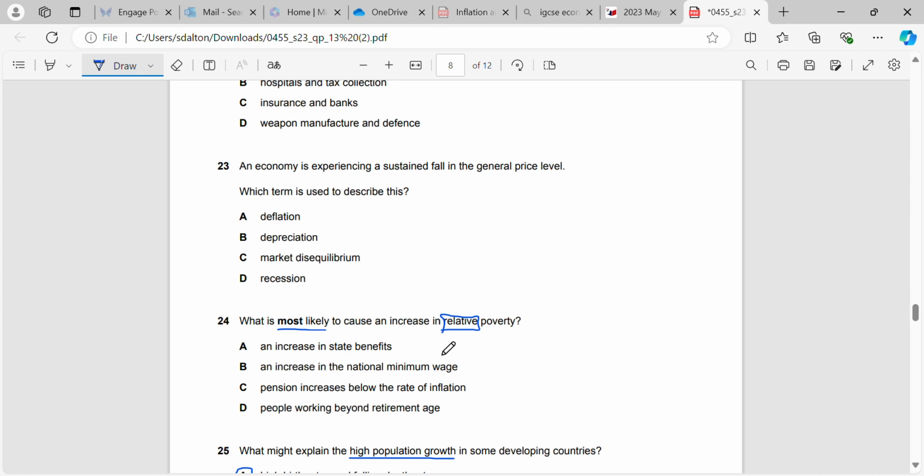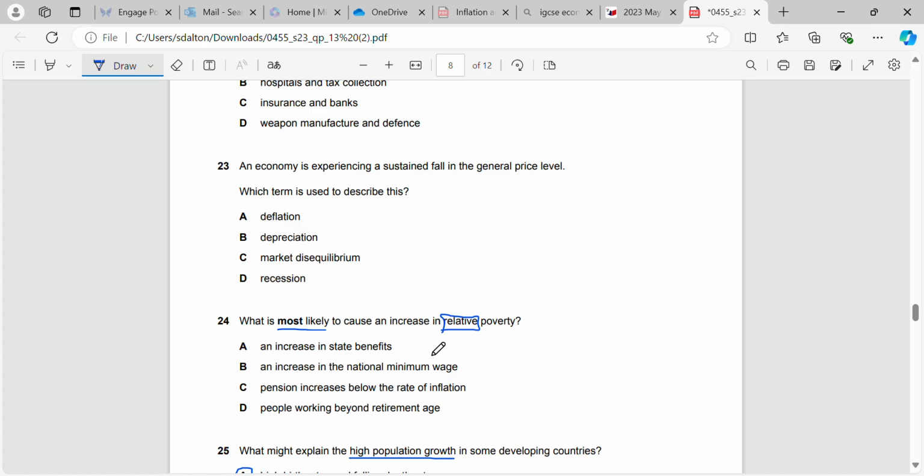Relative poverty is the type of poverty where you're making comparisons between yourself and others. So you're not in absolute poverty. You can still afford rent, food, water, the basic necessities of life, but you may be poor in comparison to your social circle, so the people that you hang around with, your friends, etc.